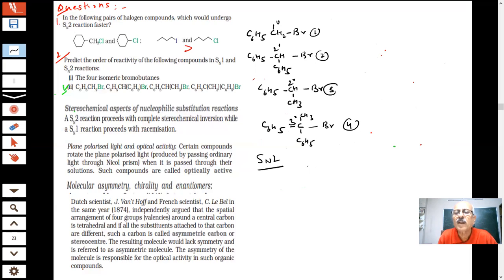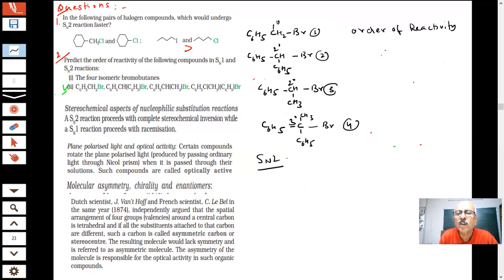So which is the fastest for SN2? Which has the highest rate? What is the order of reactivity?